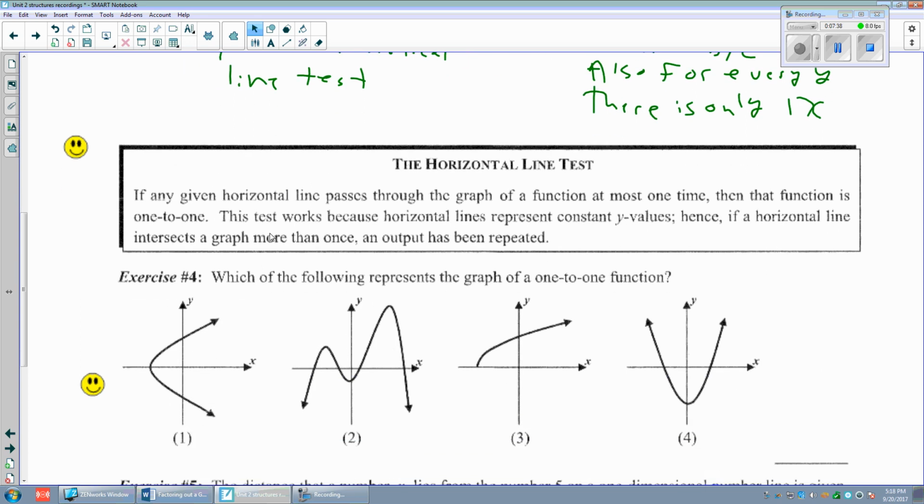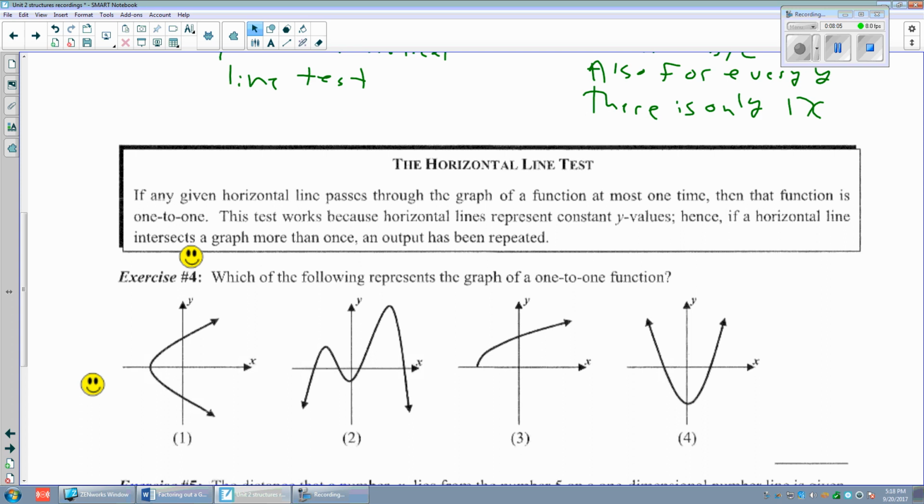If any given horizontal line passes through the graph of a function more than one time, that function is, wait. Okay, I was looking for the word not, but this says if any given horizontal line passes through the graph of a function at most one time, that means it can only go through once. There we go. This test works because the horizontal line represents the constant y values.